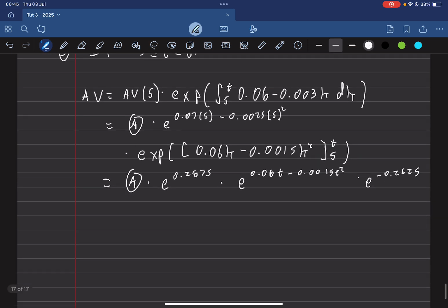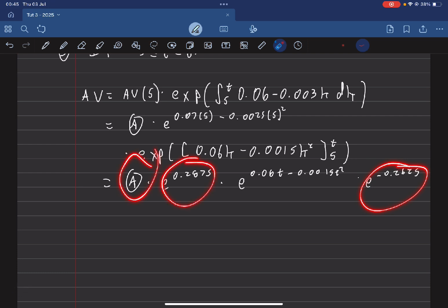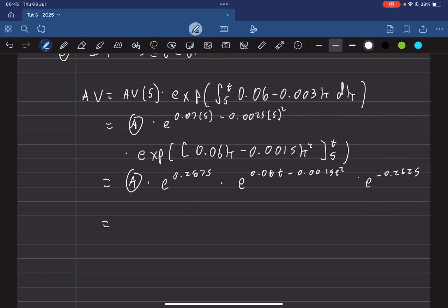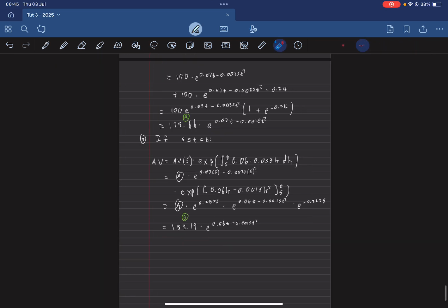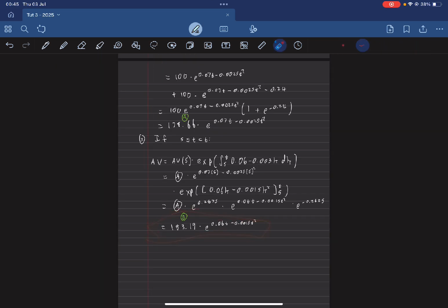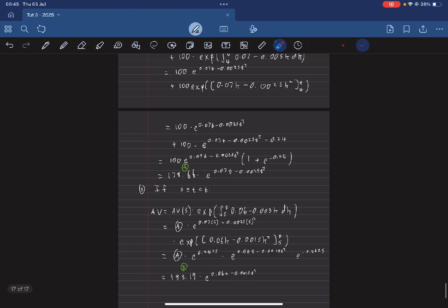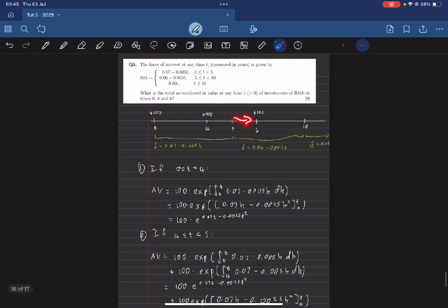Okay, now what I'm going to do is multiply all these constants together, and that'll give me 183.19 times, and then the e part with all the t's, so 0.06 t minus 0.0015 t squared. And again, I'm going to save this as b just for future calculations to get it accurate. Okay, cool. So this is our formula for the accumulated value for any t between 5 and 6.